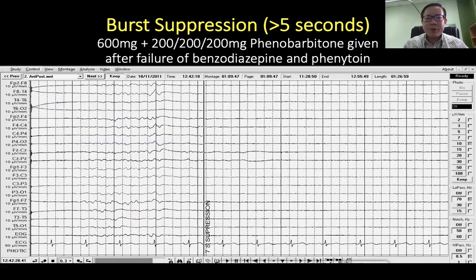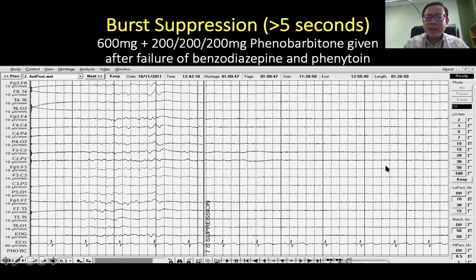So this is burst suppression. You can see the EEG has a burst here with a suppression after we have given 1,200 milligrams of phenobarbital. For the definition of efficacy, we need a burst suppression of at least 5 seconds. Here, 1, 2, 3, 4, 5, 6, 7.